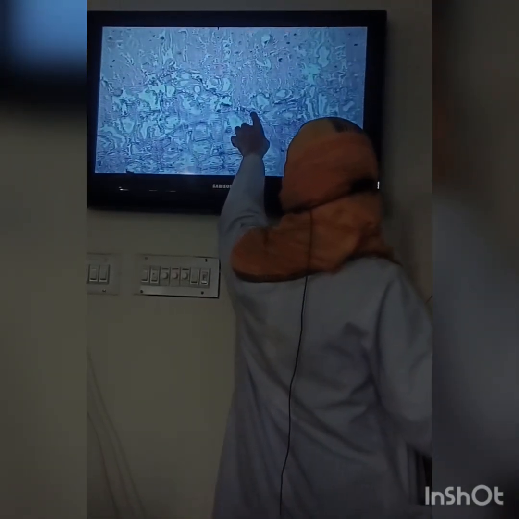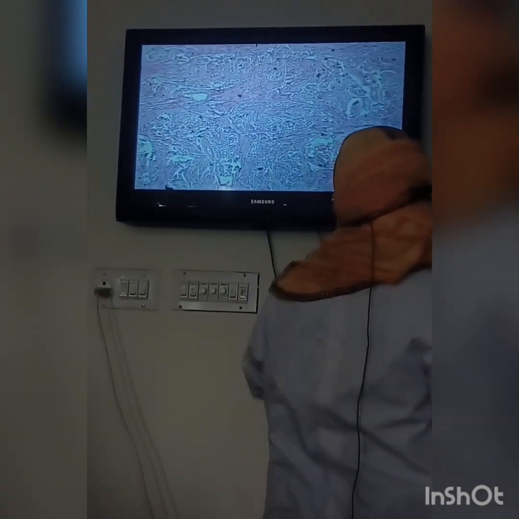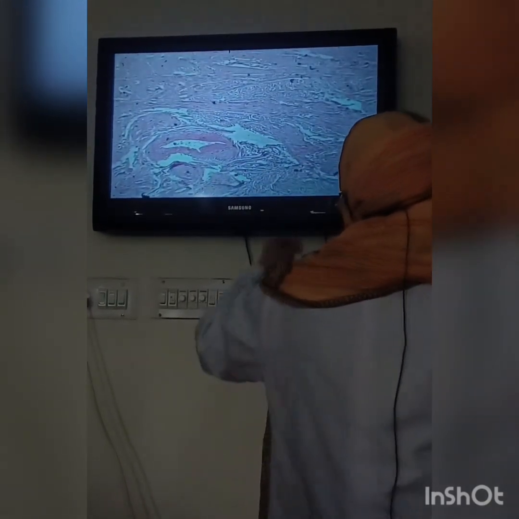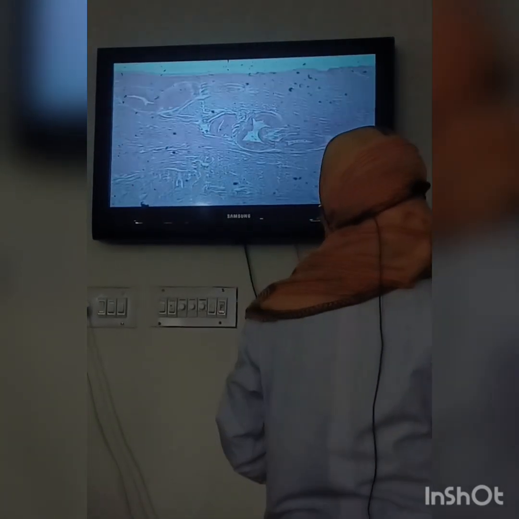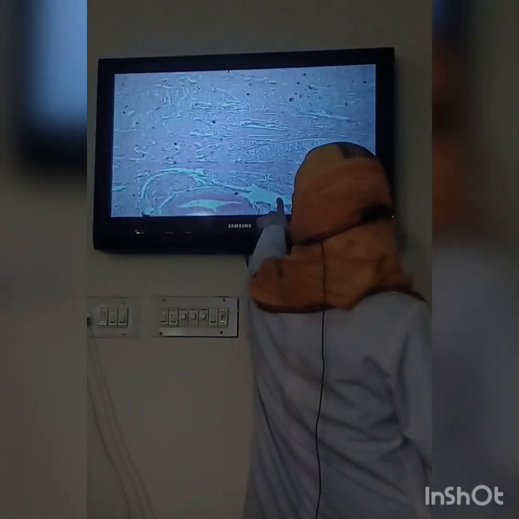Now see this myometrium, thick myometrium showing so many muscle fibers randomly arranged till we reach these areas again showing the well vascularity, again the blood vessels, and finally we are reaching up to the end. So this much thickened is the myometrium of the uterine wall.